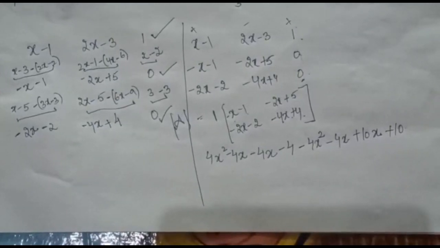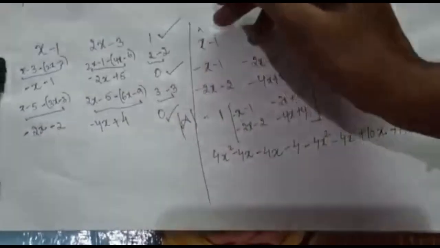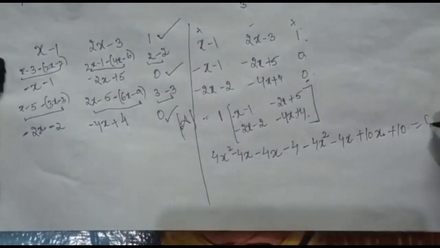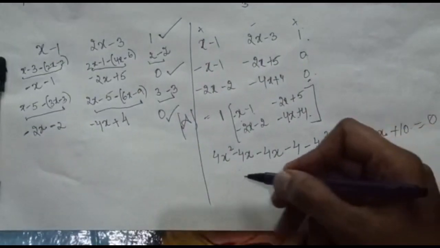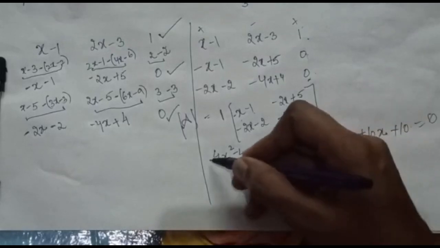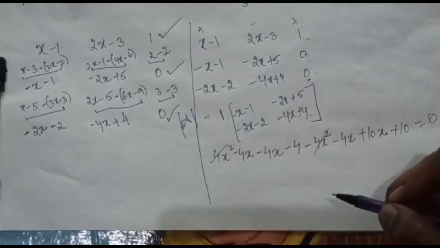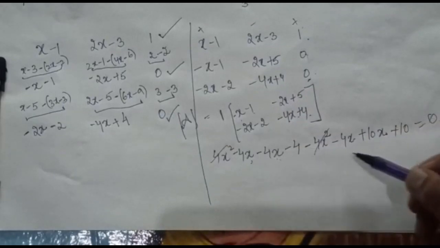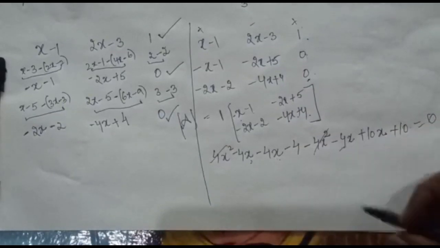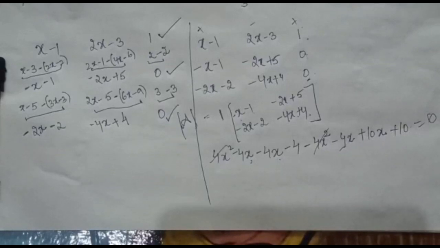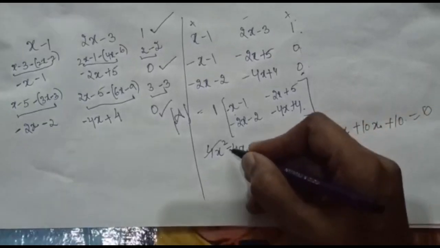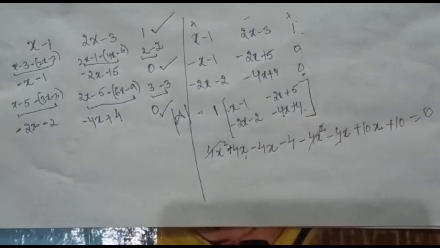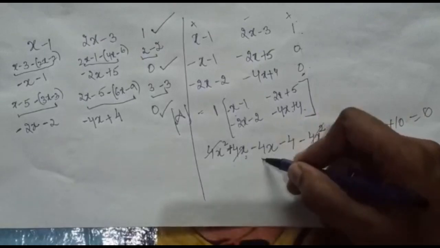In the question they have given that it is equal to 0, so we are going to put it equal to 0. Whatever is getting cancelled we will cancel, and the rest we will solve. Here I may have done wrong, this is plus 4x, so this will be cancelled.